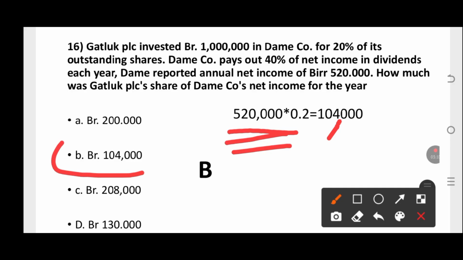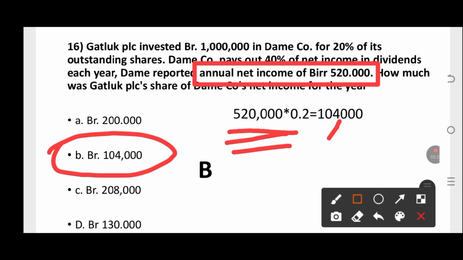The correct answer is B, 104,000 birr. In this kind of question we have to consider the annual net income and the outstanding share.